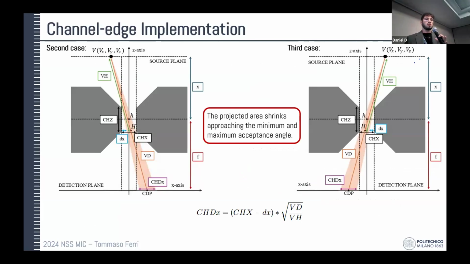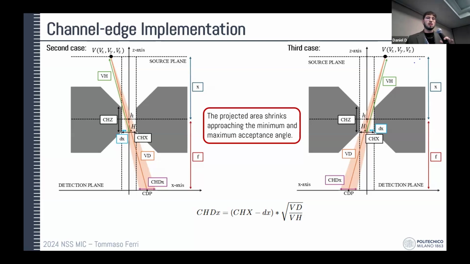So here you can see from the formula that the area of the hole which is projected is not now coincident to the whole channel of the hole, but it's the total size minus a quantity dx, which is dependent on the x coordinate of the voxel. And it starts from 0, reaching the value of gx while approaching the maximum or the minimum acceptance angle.